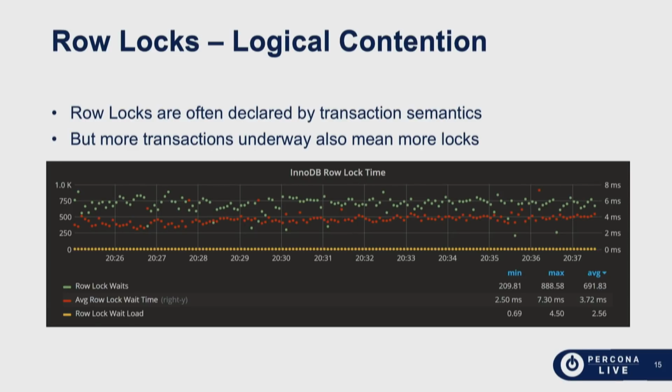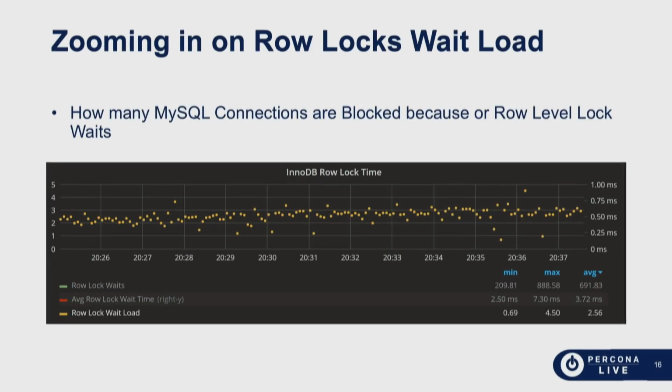We can look at the number of row lock waits, how many lock waits happen. And what I like to especially look at for row lock waits is this metric which we call row lock wait load. That pretty much corresponds to how many processes were blocked from proceeding because they were waiting on row-level locks at this point in time.